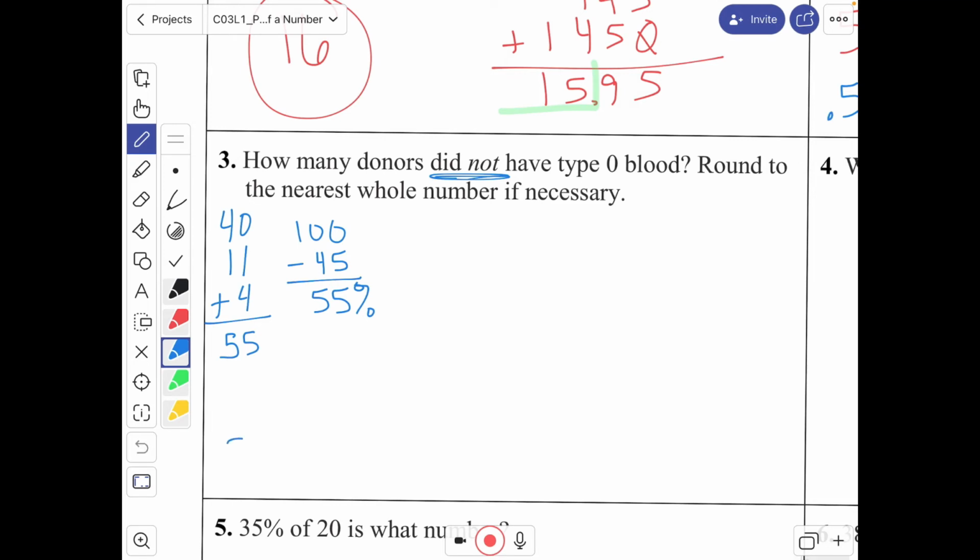And we want to find 55% of 145. That means 145 times, move the decimal 2 spaces, 0.55. Go ahead and work that out.